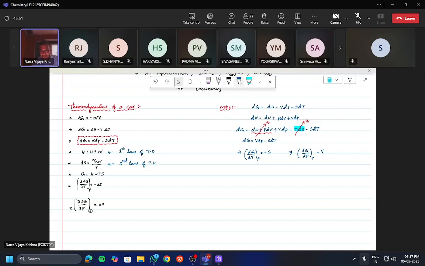Now observe this equation, sir. We are writing dG equal to VdP, right? If I am doing a process that changes from state A to state B, where pressure changes from P1 to P2, right?